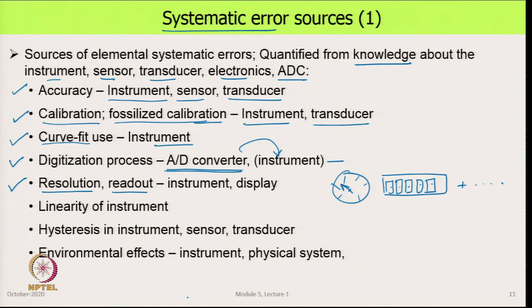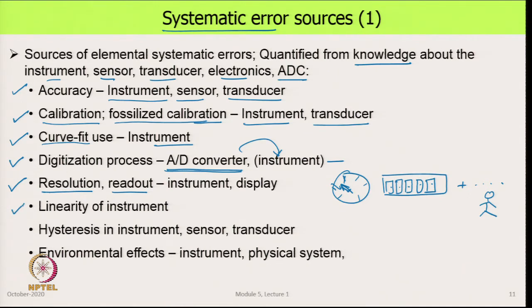So, here what is happening is that inherently what the instrument displays could already have an error built into it. But it could also be an interaction with the experimenter who reads something, particularly when the instrument value is fluctuating very quickly. So, there are issues with resolution and readout. We will look at examples later on, that if the needle of a pointer is between two readings, well, what is the reading? This is a question that comes up quite often.